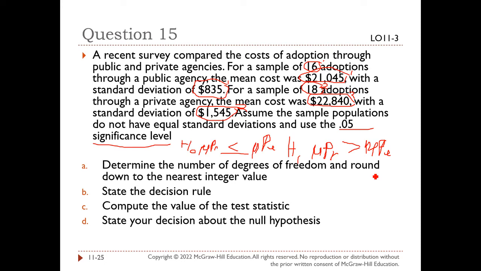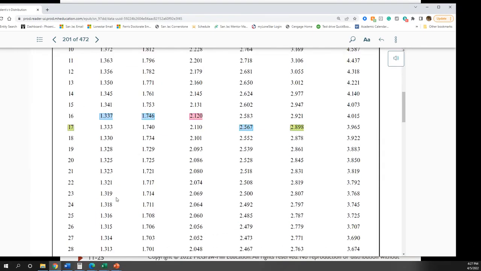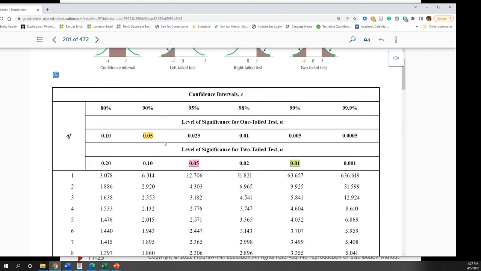We're going to reject our null. Using our table, we're going to reject the null at the 0.05.